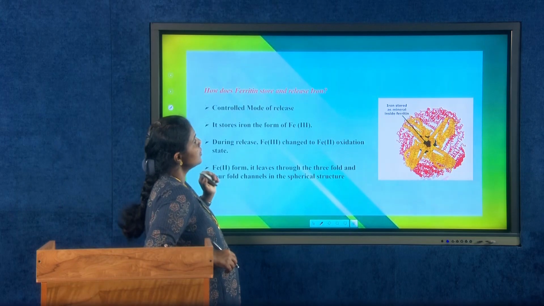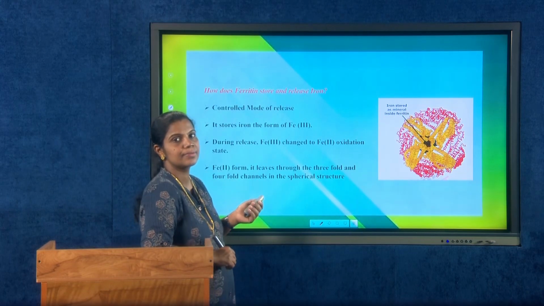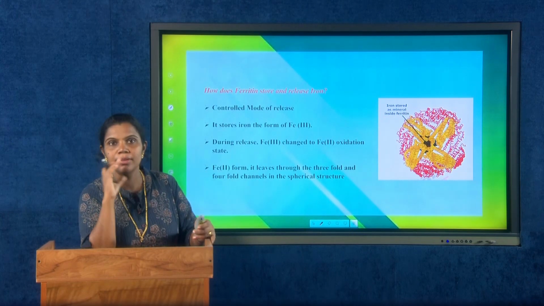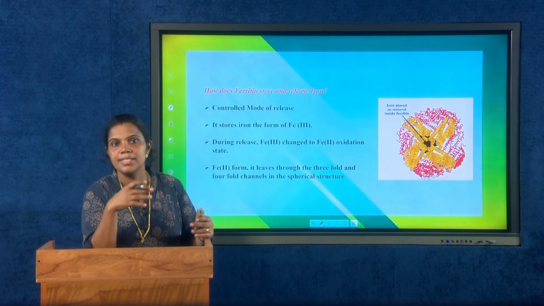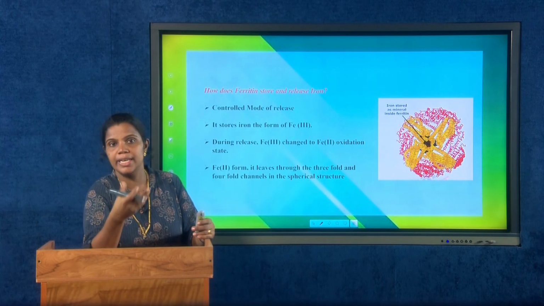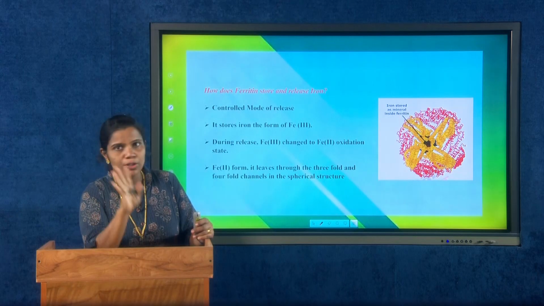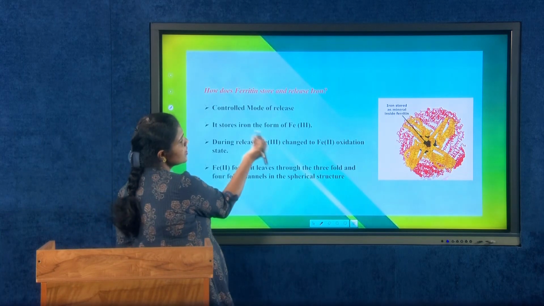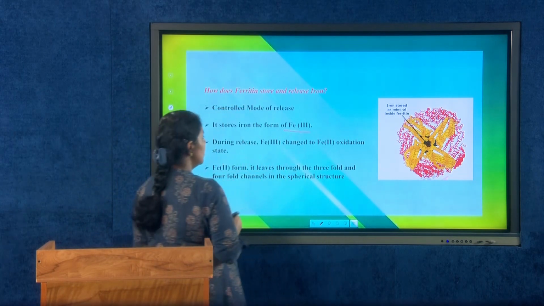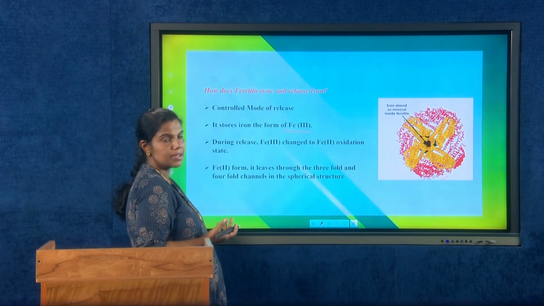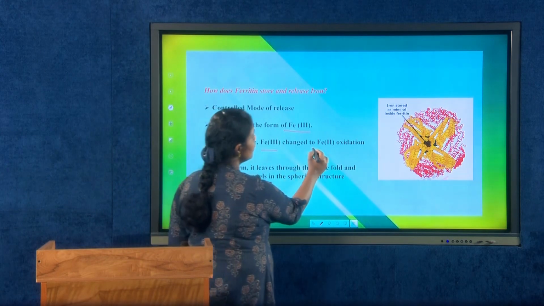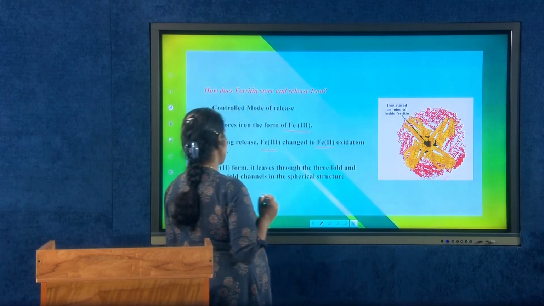How does ferritin store and release iron? It is a controlled mode of release. I already mentioned that iron is stored in the form of iron 3. So, during the release, iron 3 is converted into the iron 2 oxidation state.